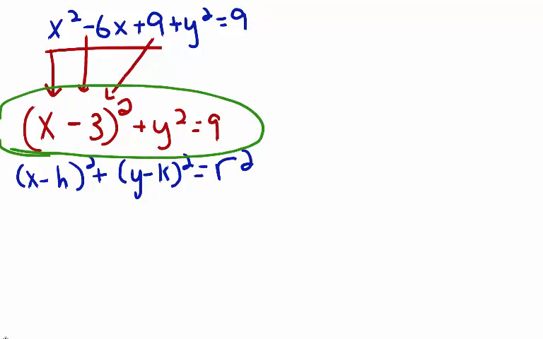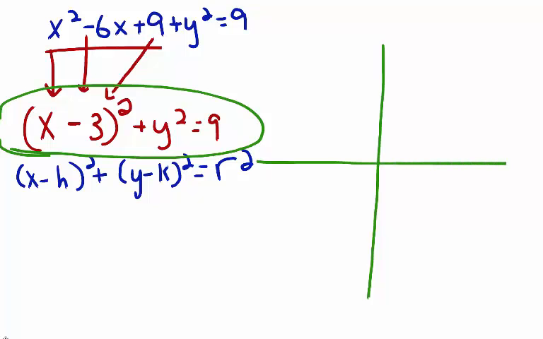So we'll take our equation for our circle and set up a graph. In our equation, x minus 3 squared tells me that I'm going to move 3 places to the right.